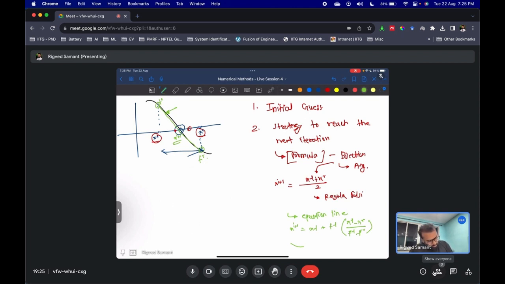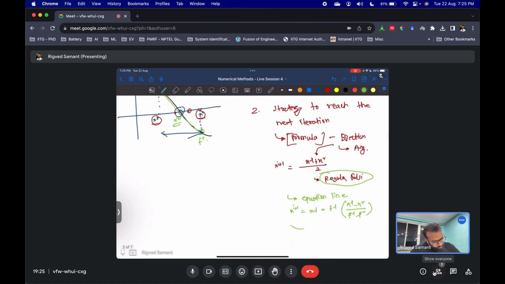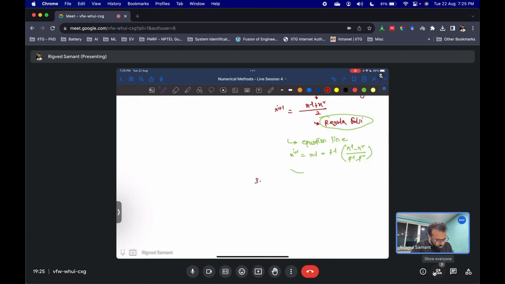It depends on which strategy you are using, Regula-Falsi or bisection method. And the third one is the stopping criteria. The last is the stopping criteria that you will define from the physics of your problem.